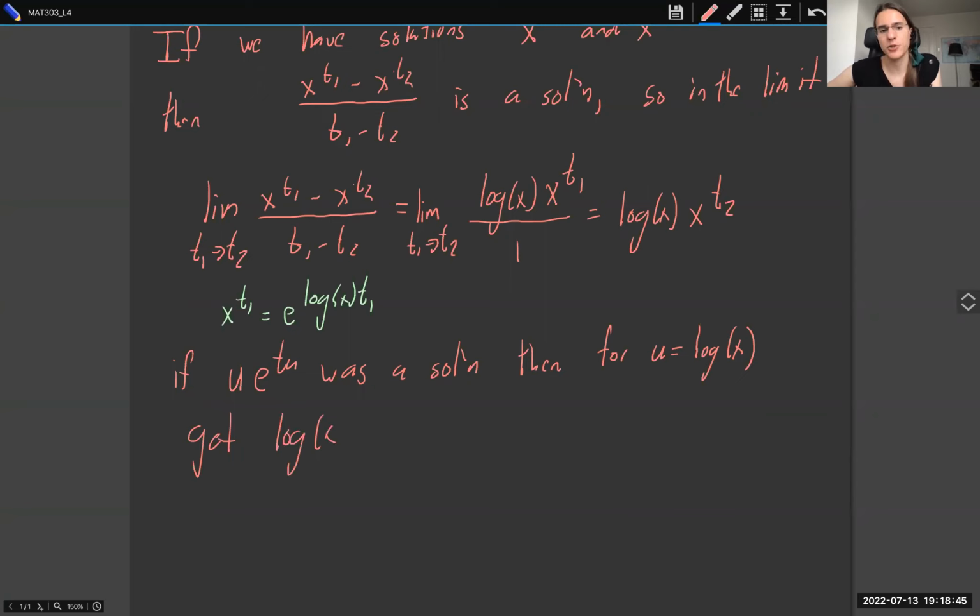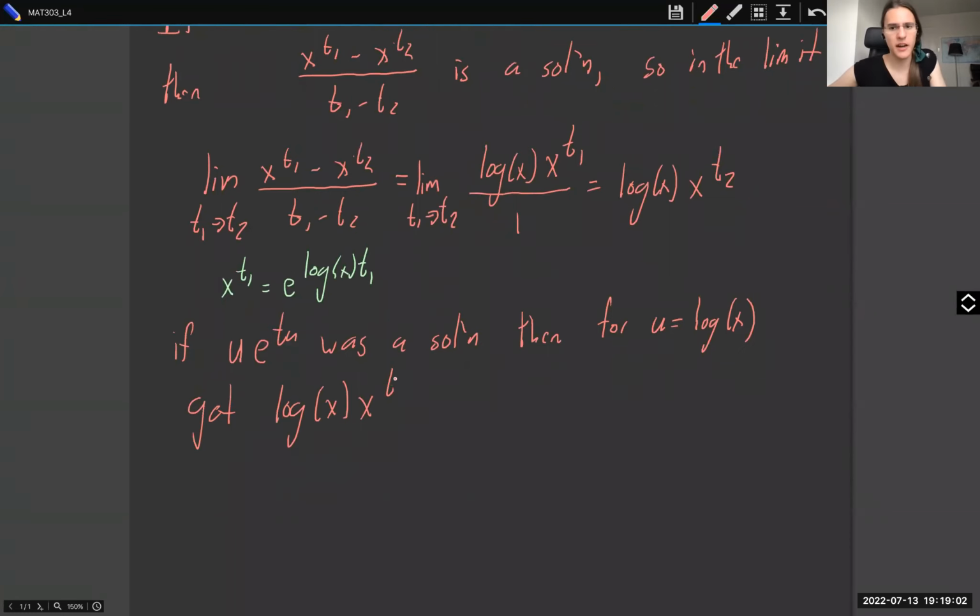So we didn't have to do the L'Hopital thing again, but I thought it was pretty cute because we had to differentiate this with respect to t1, and it was interesting as to how you did that. So that's why I did that. No, it's t. Yeah, x to the t. No, exactly.